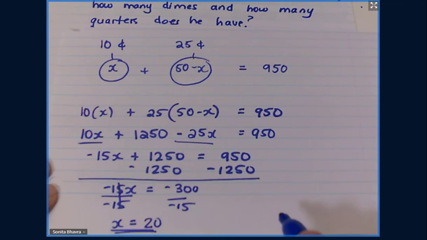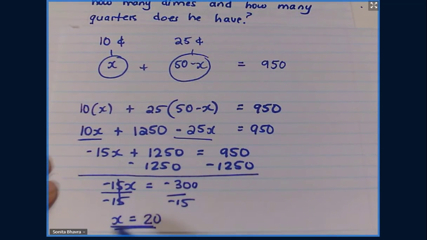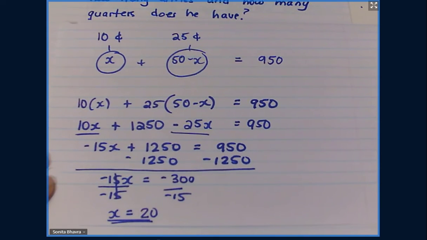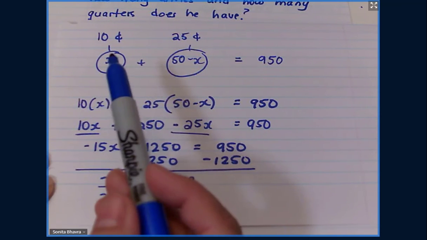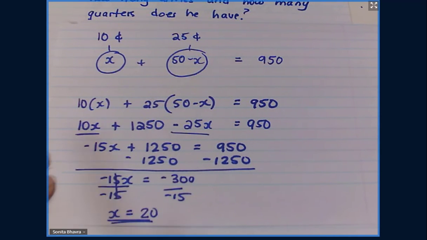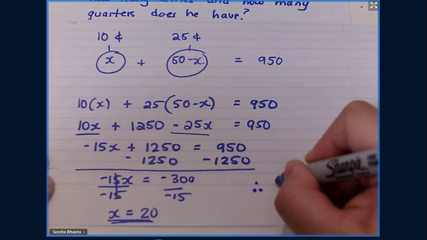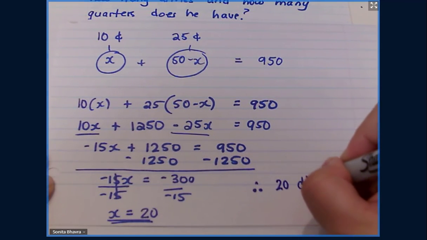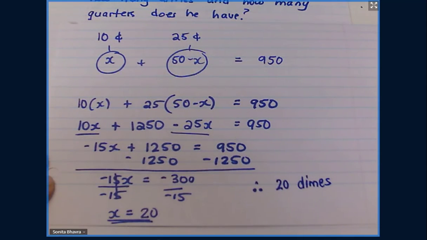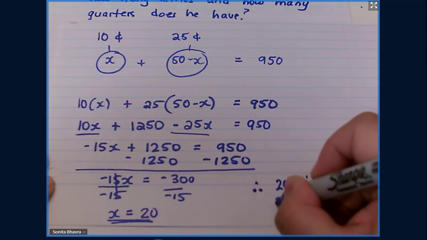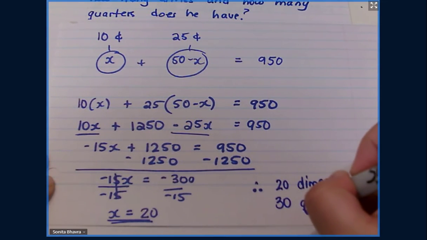All right, so if x is equal to 20, go back to our original diagram there. That means there are 20 dimes, and 50 minus 20, which is 30 quarters. So therefore 20 dimes and 30 quarters.